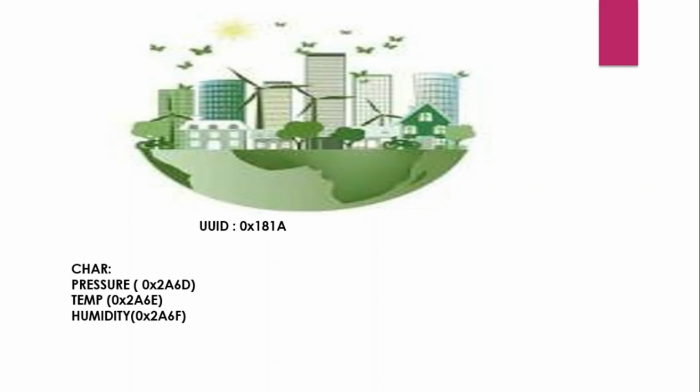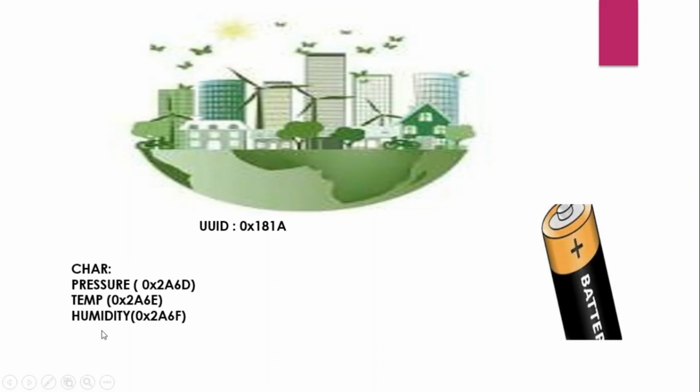So when I take a sensor, this sensor can provide different data, right? Pressure, temperature, humidity, these have their own UUIDs. You all can see in the brackets, they have their own UUIDs. All these are nothing but different characteristics. This is one more example I wanted to give. If we take battery service, we can again get different battery level characteristics.